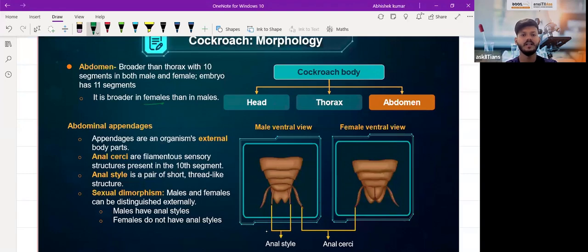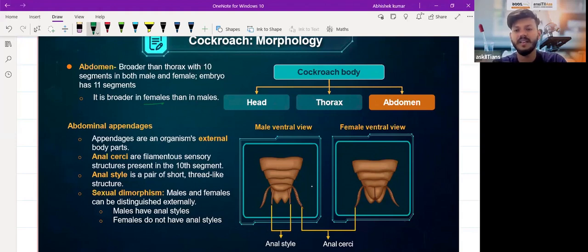Anal cerci are filamentous sensory structures present on the 10th segment, and anal styles are a pair of short thread-like structures. They show sexual dimorphism, meaning male and female can be distinguished externally. Males have anal styles, whereas females do not.